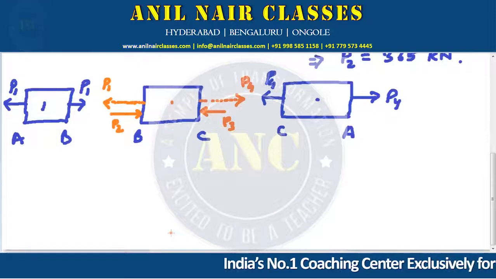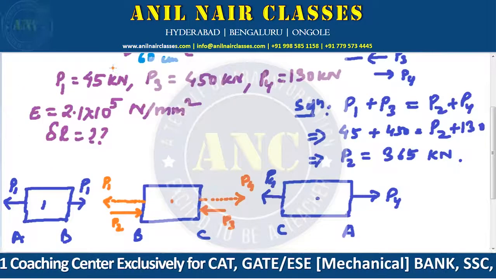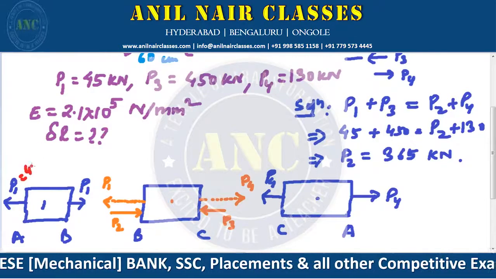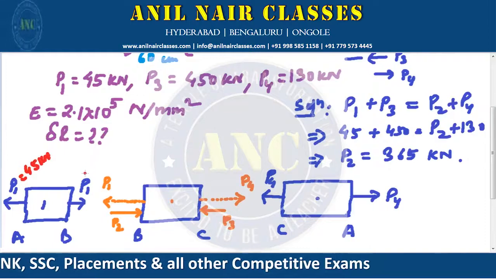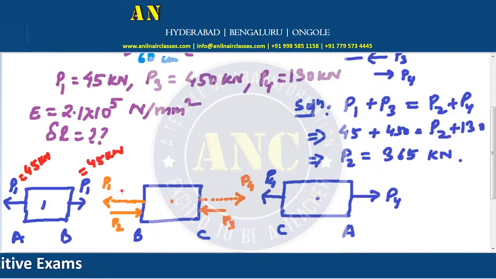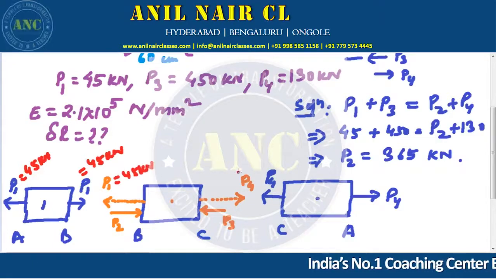Now let us see what is the value of P1. P1 we have how much? 45 kilonewton, correct? This is 45 kilonewton.